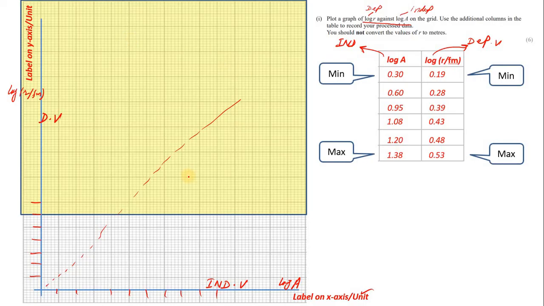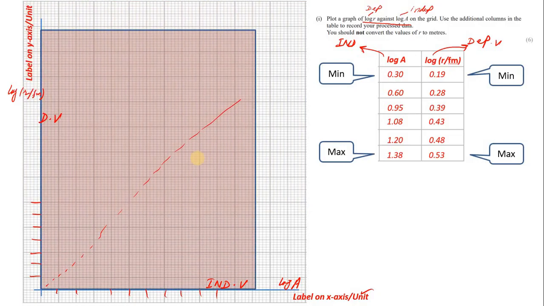This region is more than 50% of the given grid. This is acceptable. Or it is also possible that your covered region is this. Whatever the situation is, choosing a scale is important. You choose the scale, you mark these numbers on the axis so that you can cover more than 50% of the region of the graph.